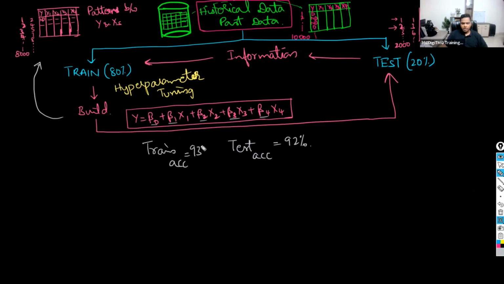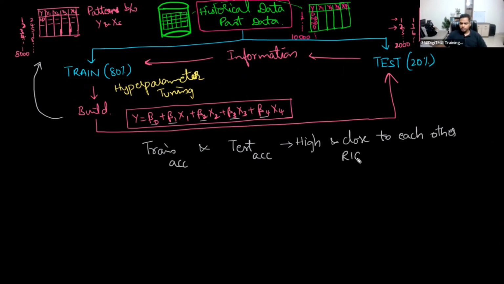Say here you got a training accuracy of 93%. Both are very good accuracies, high accuracies, and both are close to each other. So if both training and test accuracy values are high and close to each other, you say that this is a right fit model.